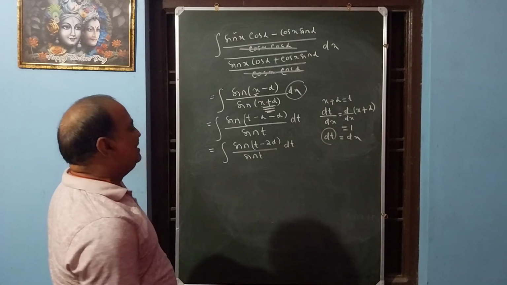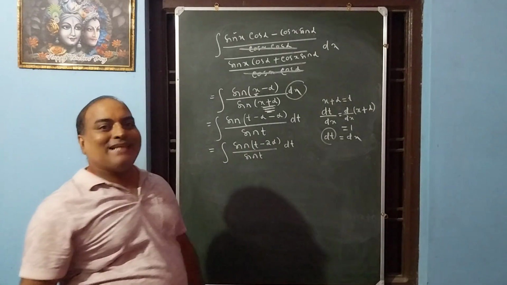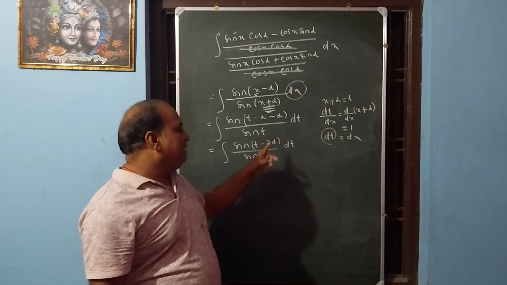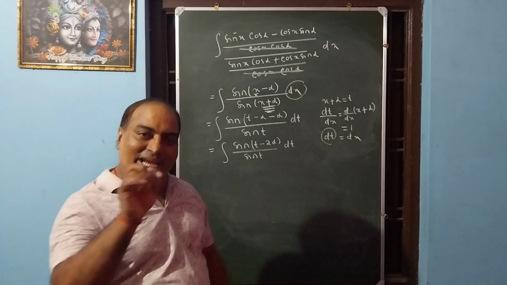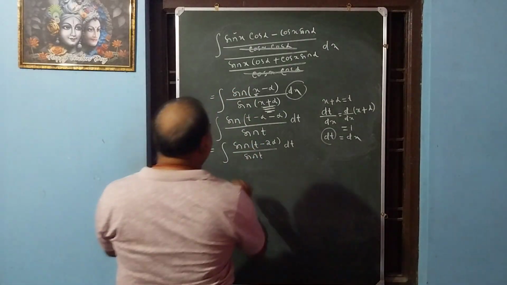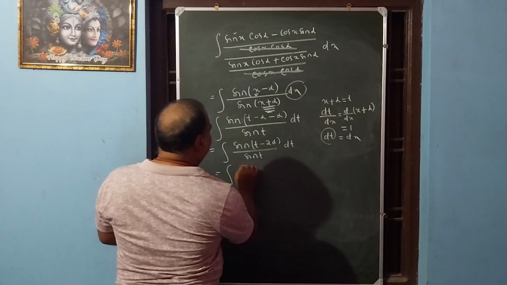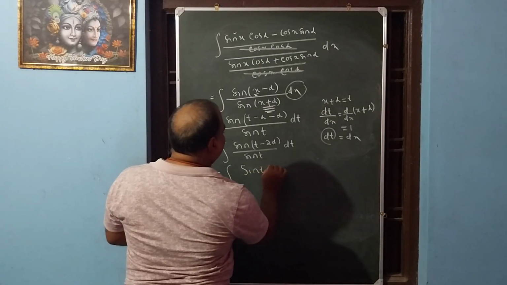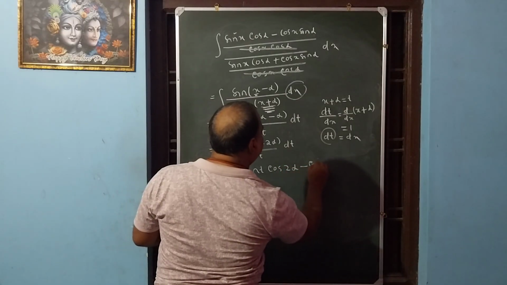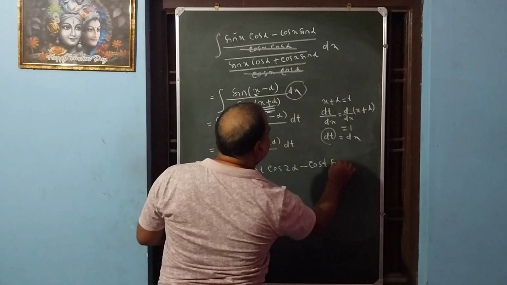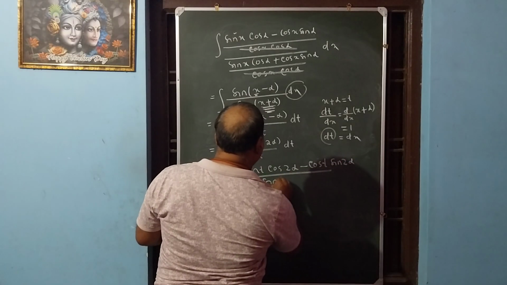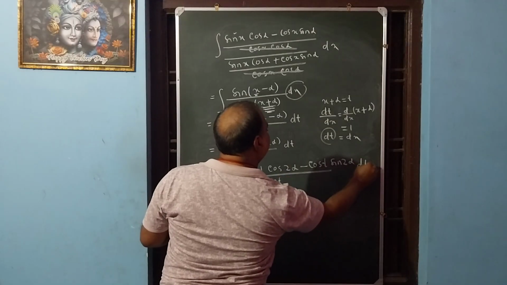Now you have to apply the sin (a minus b) formula. You have to think this is a and this is b. So sin (a minus b) is sin a into cos b minus cos a into sin b. So you apply that formula: integration of (sin t cos 2 alpha minus cos t into sin 2 alpha) divided by sin t into dt.